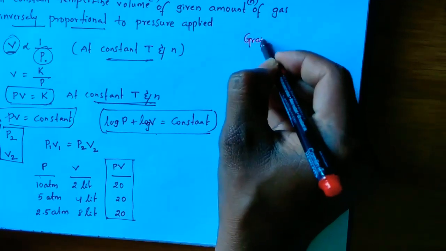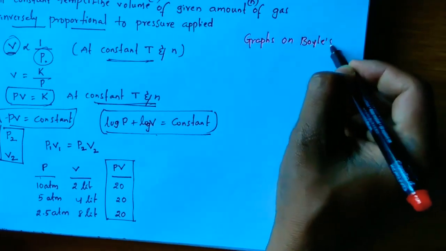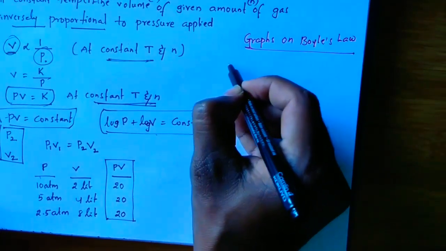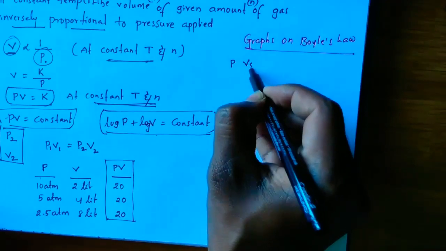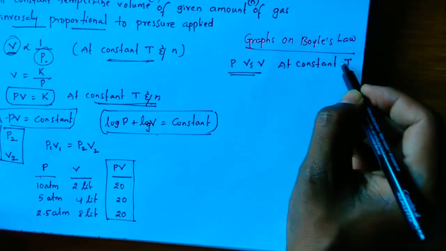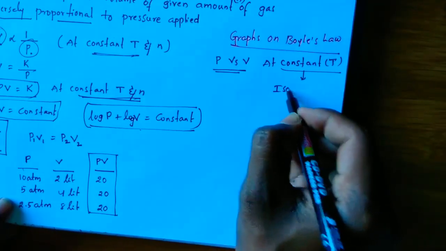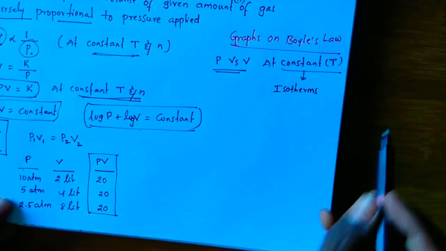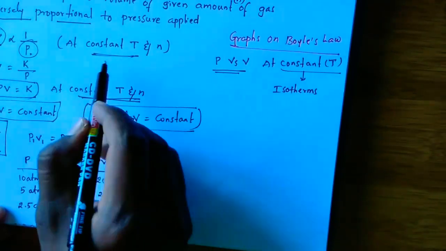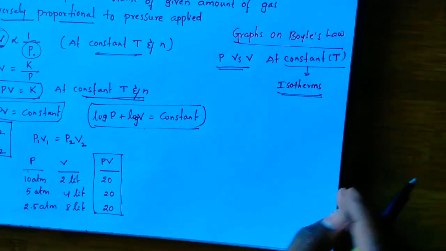Iso means constant or same, and therm indicates temperature. These graphs on Boyle's law are plotted between pressure and volume at constant temperature, so they are all called isotherms.